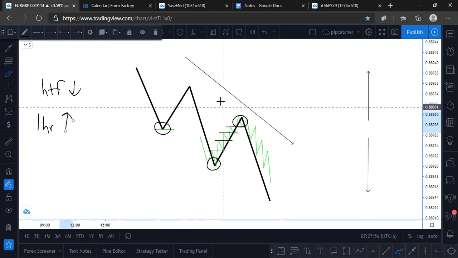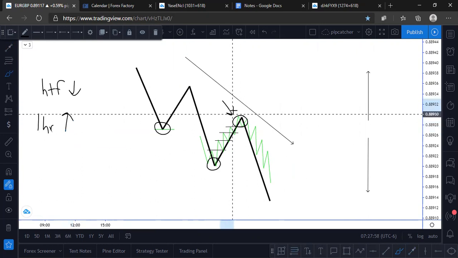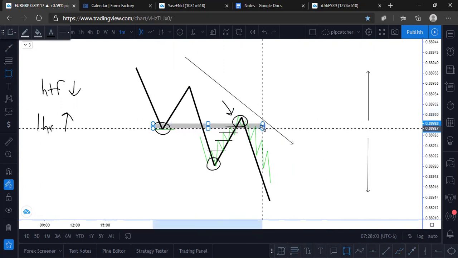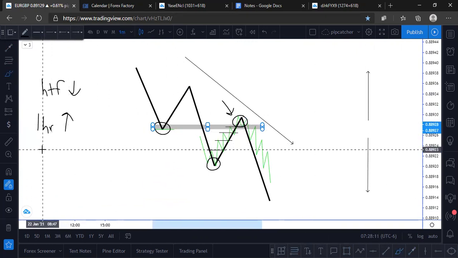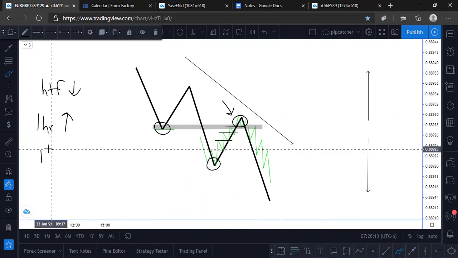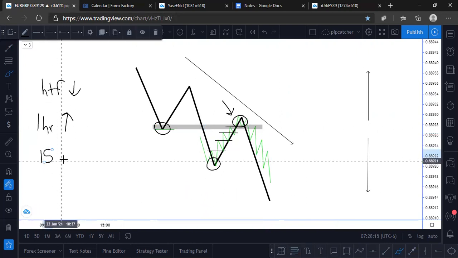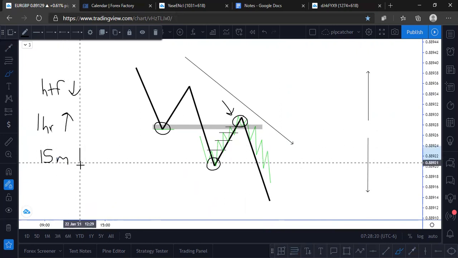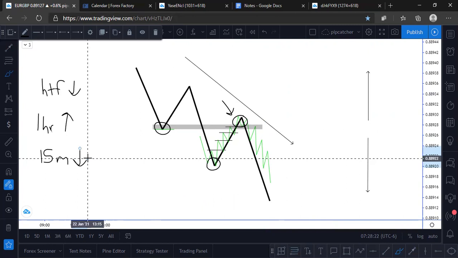But then we get back up into this area right here, this previous area of broken structure. We need to pay attention to what is going on in this area, because maybe then we'll see on the 15-minute or something, maybe the 5, 15, whichever lower time frame starts to go bearish again.